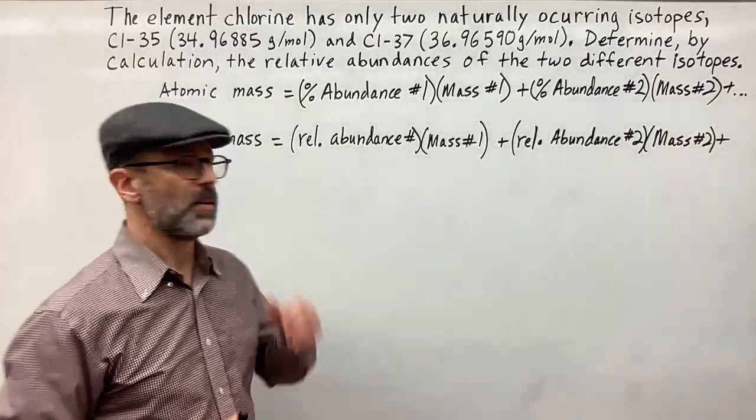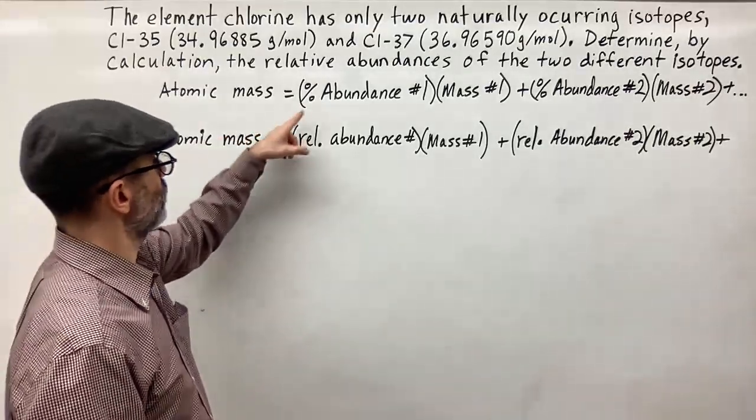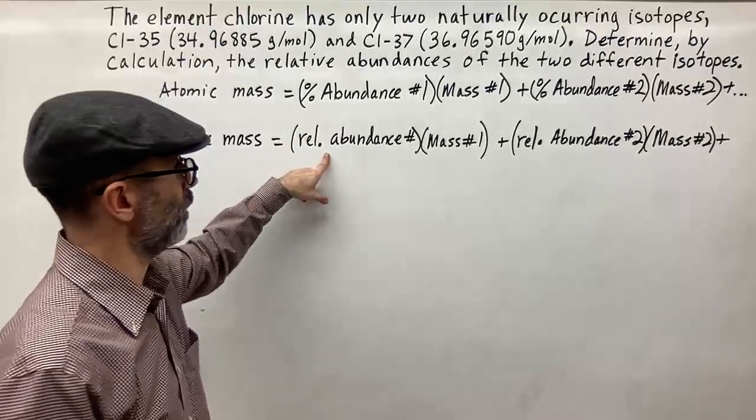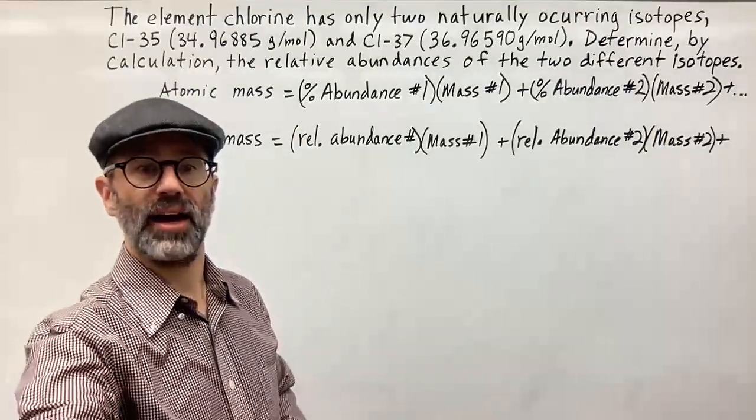So we can use our equation here. Instead of using percent abundance, we can have relative abundance like this. And so we can begin with that.